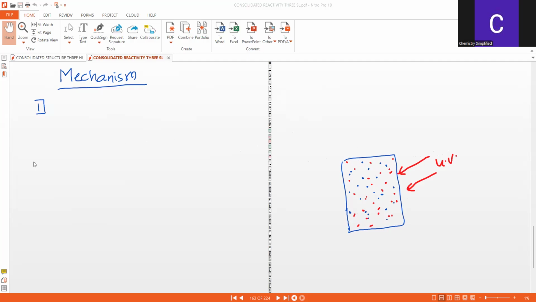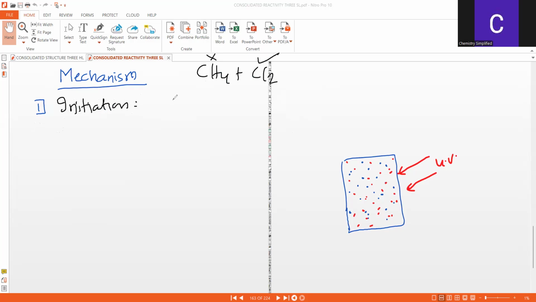So why are the reactants waiting for the UV light? As I said, UV light will provide the activation energy. But what exactly does UV light do so that the reaction begins? UV light will carry out the initiation process. How does the reaction begin? The UV light will do nothing to the methane. If the reaction is between methane and chlorine, UV light will do nothing to the methane.